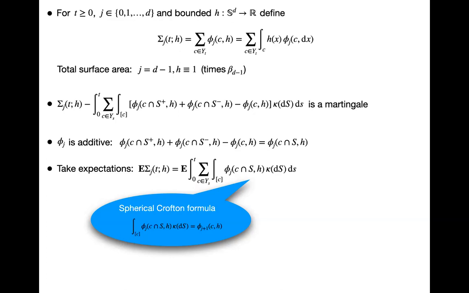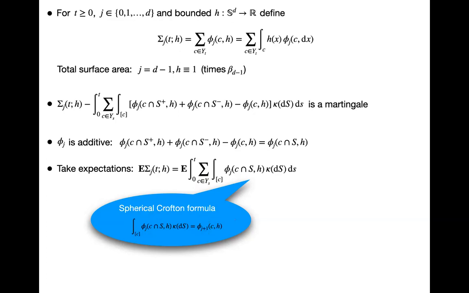Zakhar has already shown us the conic Crofton formula, and in the spherical case, which is equivalent to the conic case, the spherical Crofton formula just looks like this. If you average the j-th spherical curvature measure, this just increases the index of the curvature measure by 1.